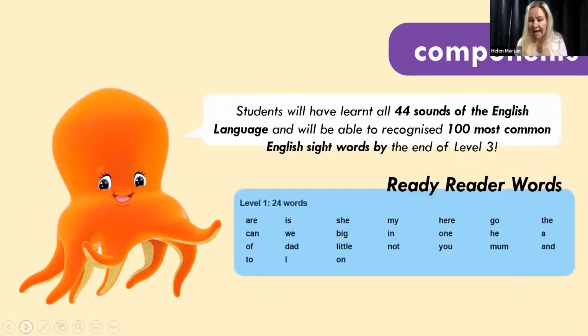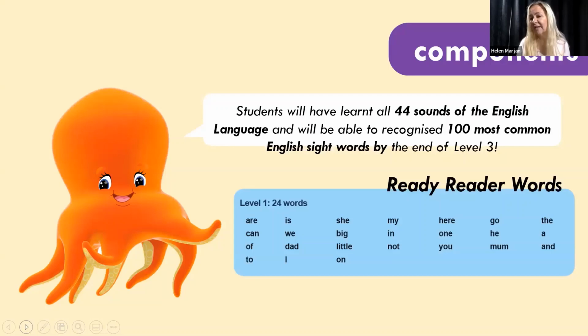Okay, as well as the phonics sounds, I felt it was really important to teach what we call high frequency words. And in the context of the First Steps from Phonics to Reading program, these we call ready reader words. At each level, there is a block of ready reader words, and these are words which, generally speaking, are the most common words in English, and many of them cannot be decoded phonetically.